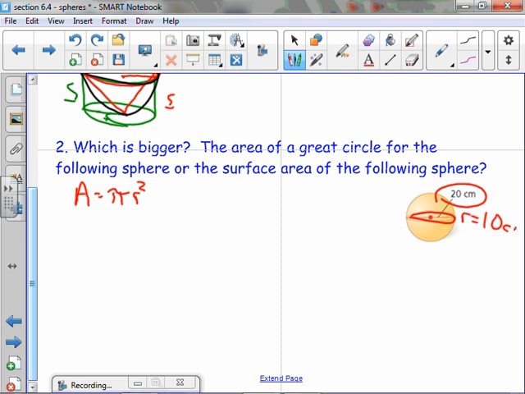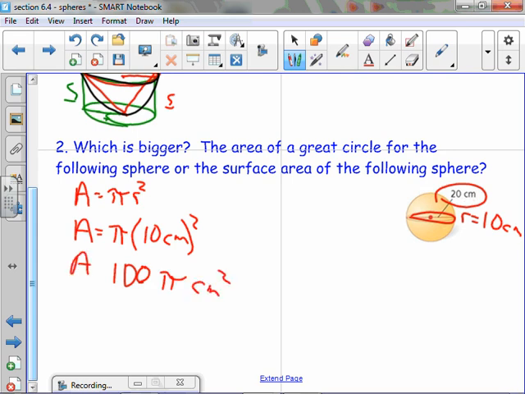I really invite you not to make this mistake. Area equals pi times 10 centimeters squared. 10 centimeters times 10 centimeters is 100 centimeters squared. And then don't forget your pi, like I almost did. So 100 pi centimeters squared.